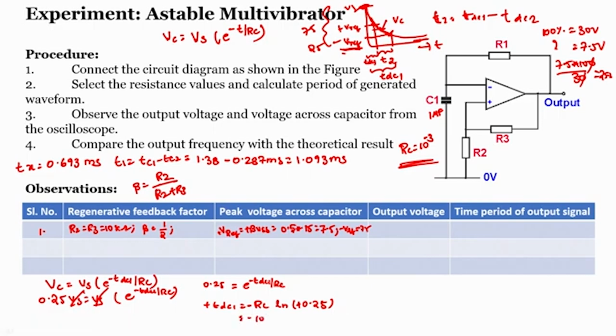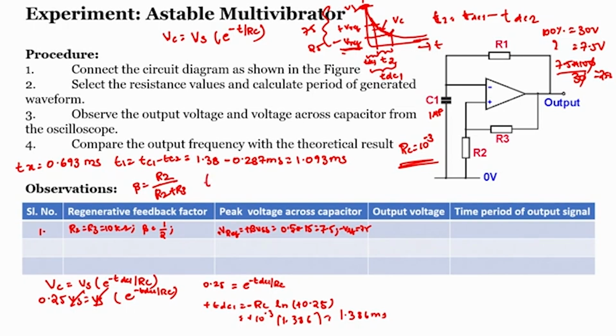Minus 10 power minus 3 into log 0.25 is how much? Log 0.25 is minus 1.386. Minus minus, I can make it positive, so 1.386 milliseconds. So, the time taken for the capacitor to discharge from plus 15 to minus reference minus 7.5 volts is 1.386 milliseconds. Makes sense.